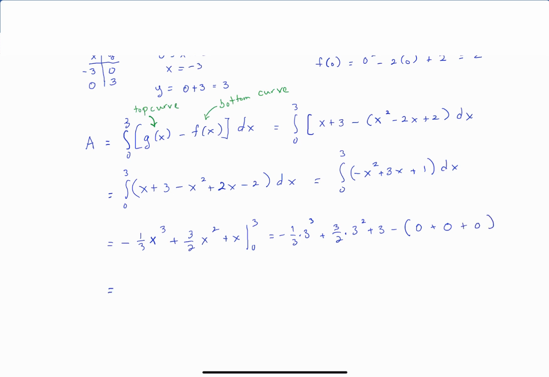In that first term, the 3 down below cancels one of the threes on top, so the first term simplifies to just minus 9, and then I have plus 27/2 plus 3.